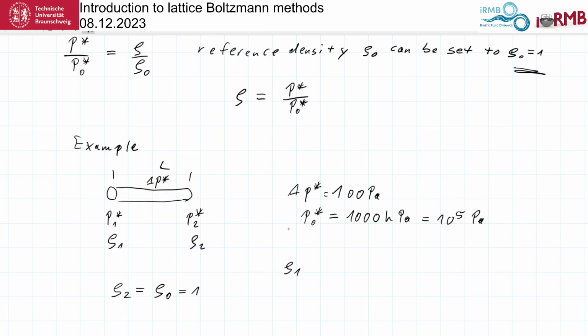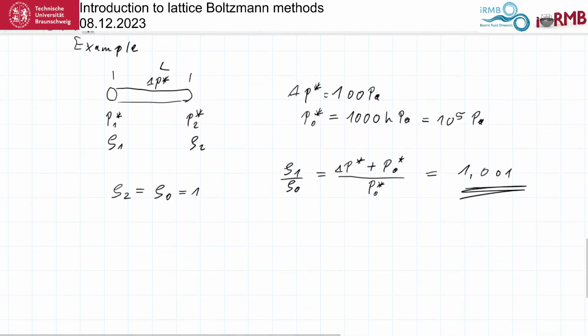Then rho 1 divided by rho 0 would be delta P star plus P0, where P star is of course the difference, divided by P0, which gives us 1.001. This is the way how you would put a pressure difference of 100 Pascal into lattice Boltzmann units.